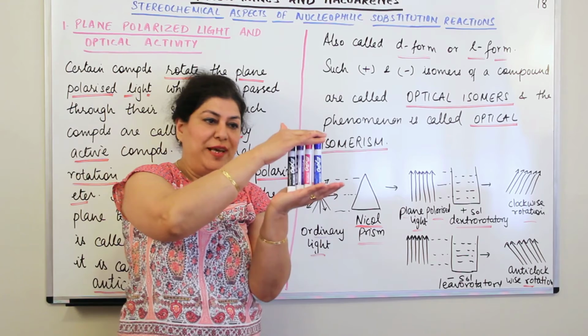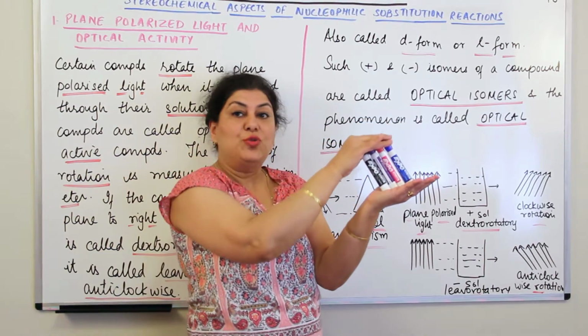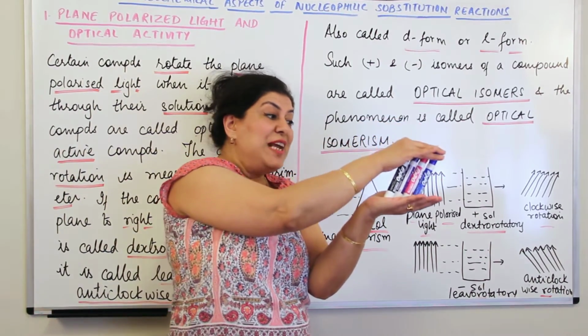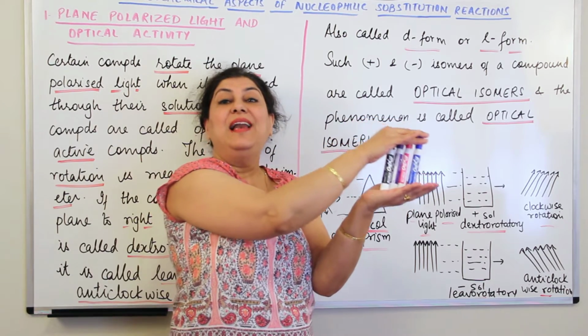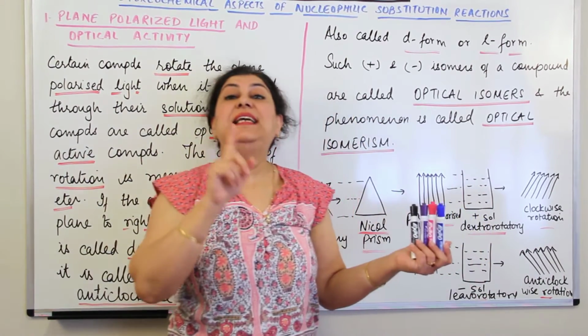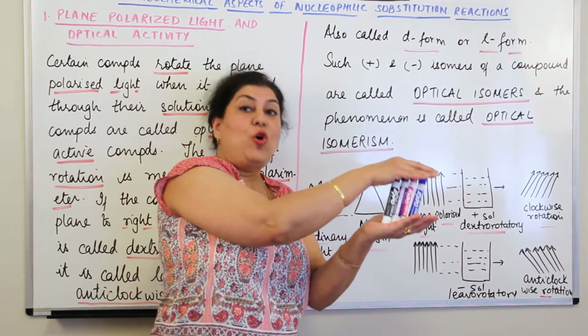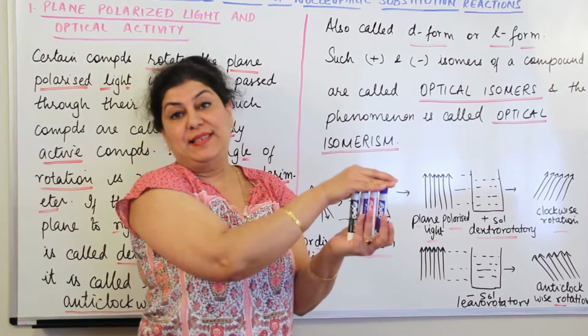If this is a page like this, it will rotate it either to the right or to the left. This rotation is known as optical activity. So we say that this compound is optically active. It has a property that it can twist or rotate the plane of polarized light.